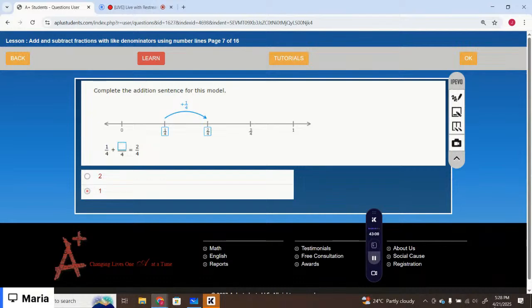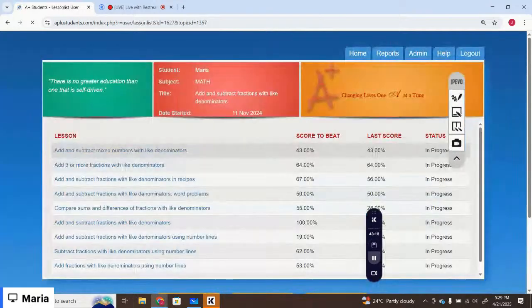Okay, you can complete the lesson by yourself later today. Let me just move on to the next lesson. The next lesson is subtract fractions with like numerators using number lines.